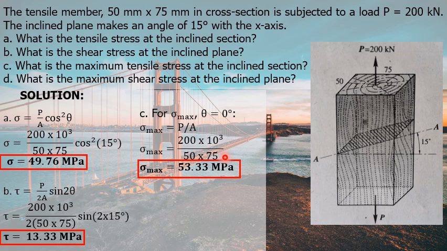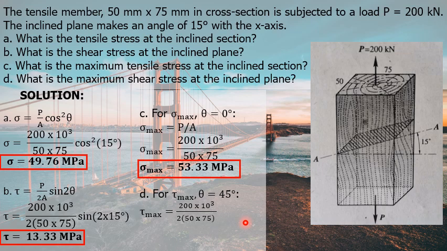In letter D, we are to get the maximum shear stress at the inclined plane. For what angle is the shear stress maximum? For maximum shear stress, the angle is equal to 45 degrees. That is, tau max is now equal to P over 2A.